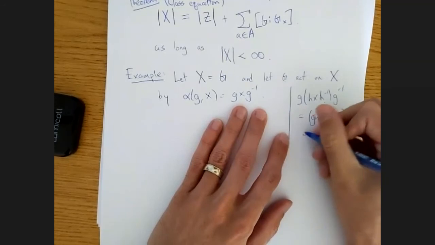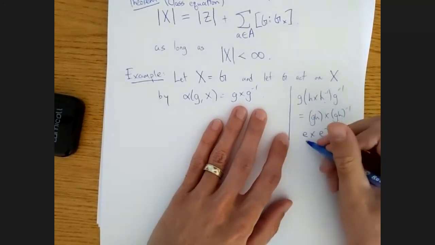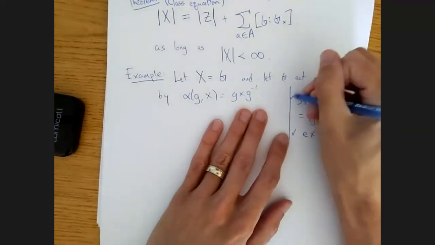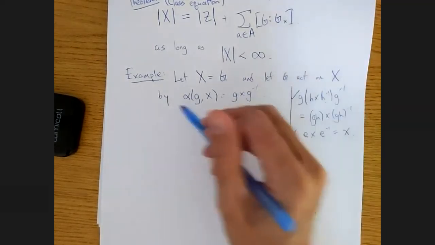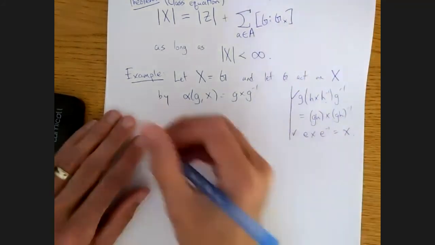And when you conjugate by e, well, e inverse is just e, so it's really just x back, right? So if you compute these two things, that tells you that this formula gives you a group action. And now if G is finite, we get the class equation.